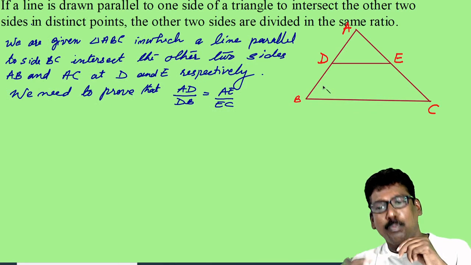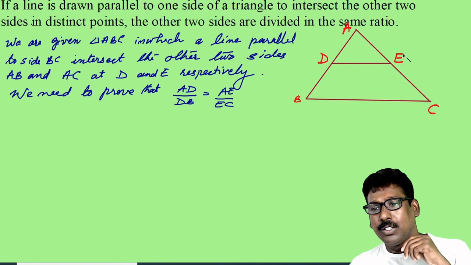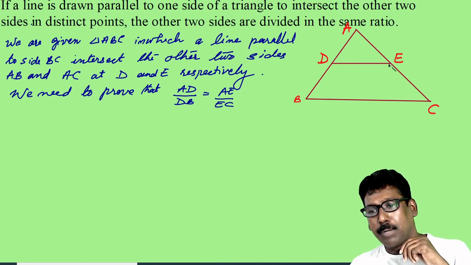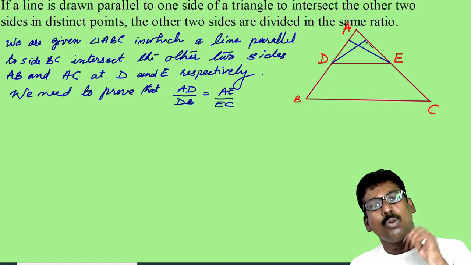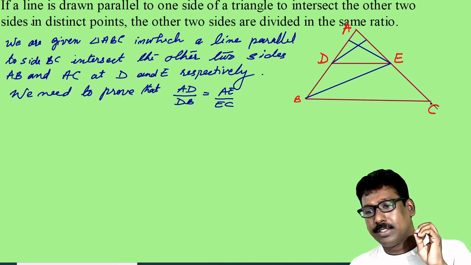Now, to prove this theorem, you need to do some constructions. That is, you have to draw a perpendicular from E to AB, and similarly from D to AC. Also, you have to join BE and CD.